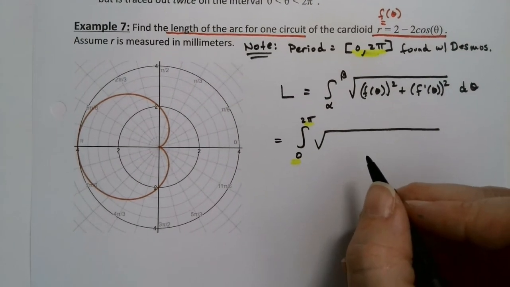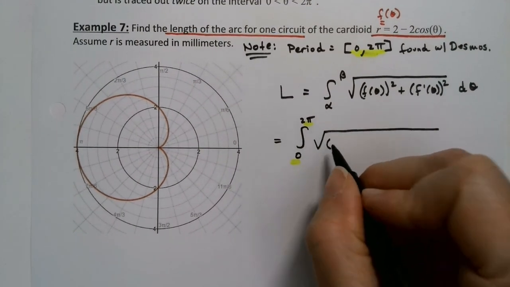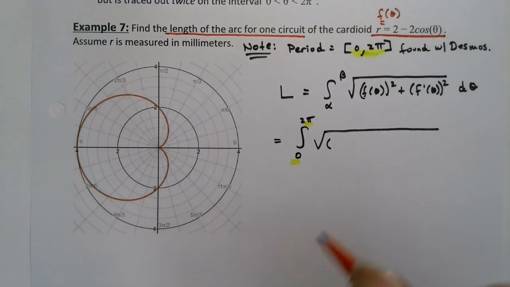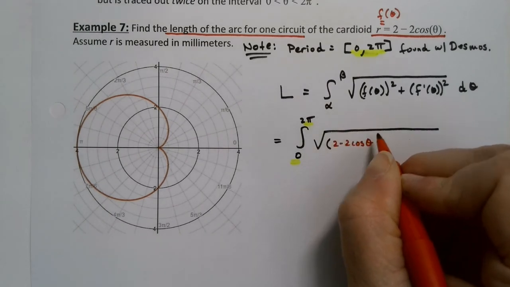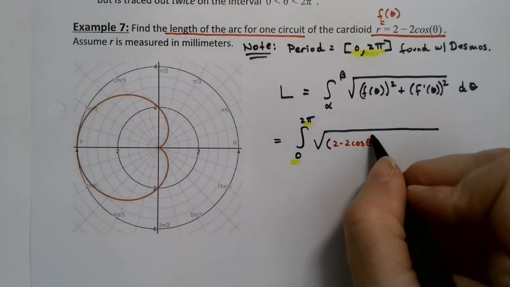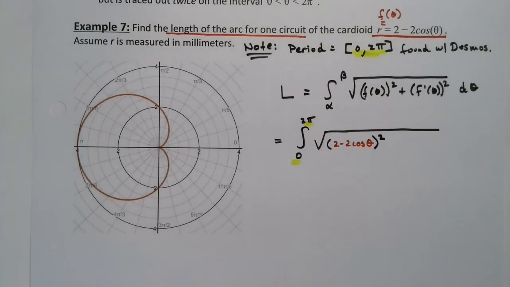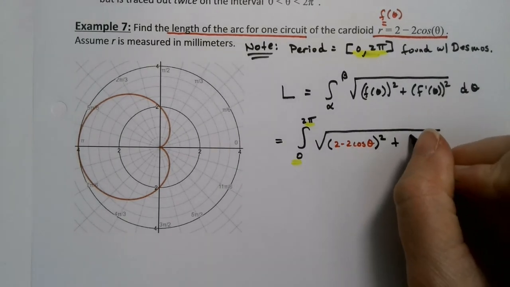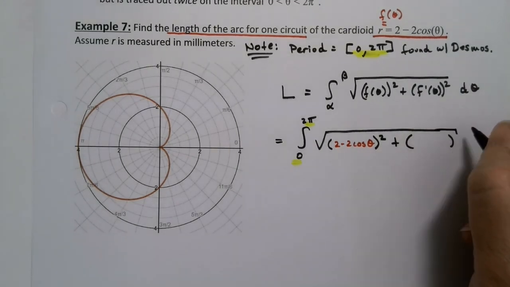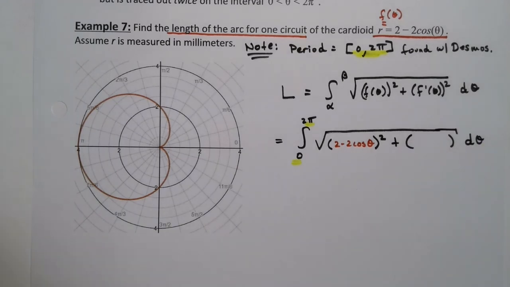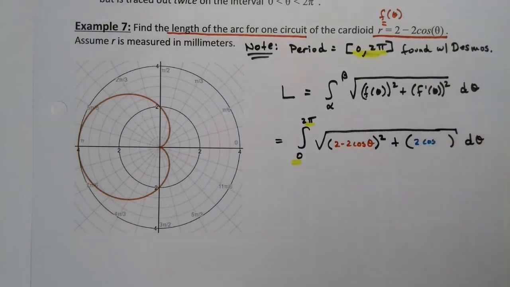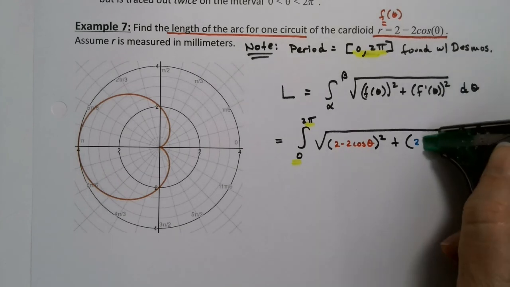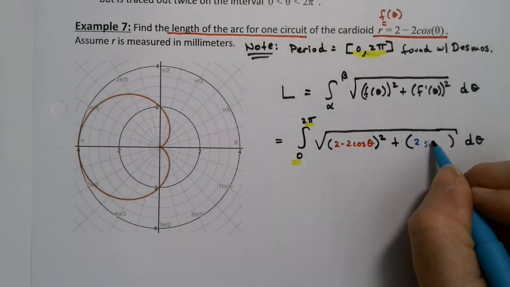And then we're going to have 2 minus 2 cosine theta, and we're going to square it. And we'll add to that the derivative squared d theta. But the derivative, like I was saying earlier, is 2 sine, my goodness, 2 sine of theta squared.